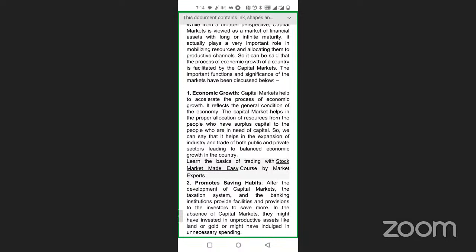Because as we all know, specifically in India, the maximum population enrolls themselves in banking organizations.